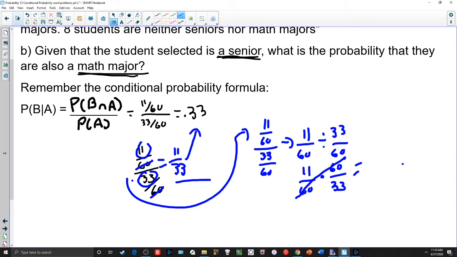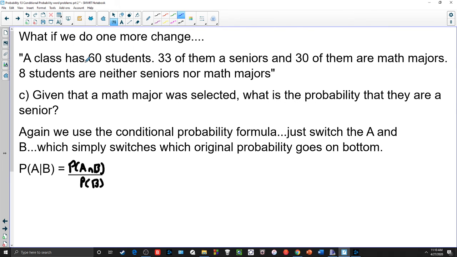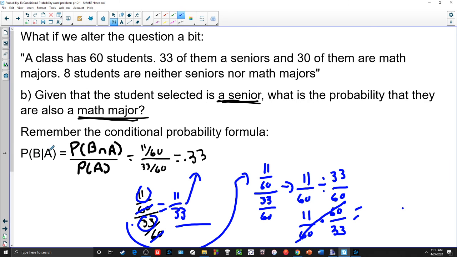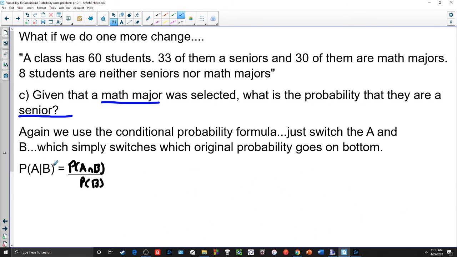So the last version of this is just asking it backwards. What if they say you picked a math major and you want the probability that they're also a senior? Instead of B given A, it's now A given B. And again, it doesn't change much. The top is still 11 over 60 because A and B and B and A are the same probability.